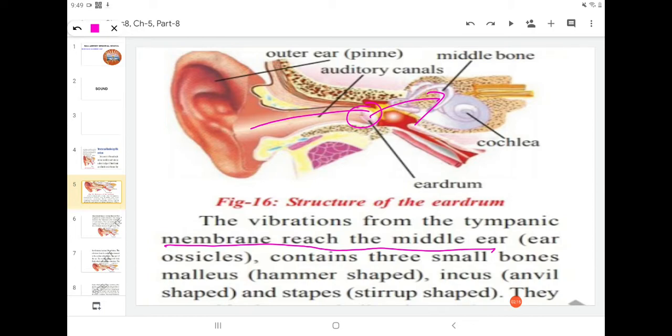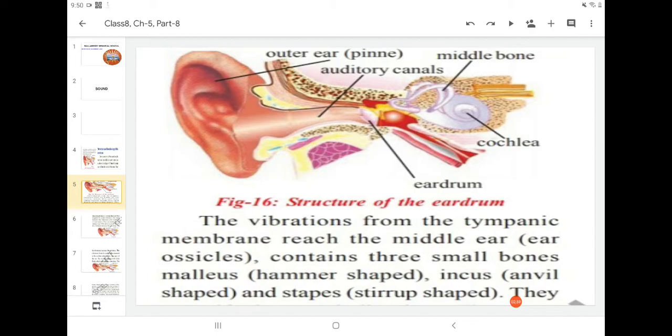The middle ear contains three small bones called malleus, incus, stapes. The malleus is hammer shaped, the incus is anvil shaped and the stapes is stirrup shaped.